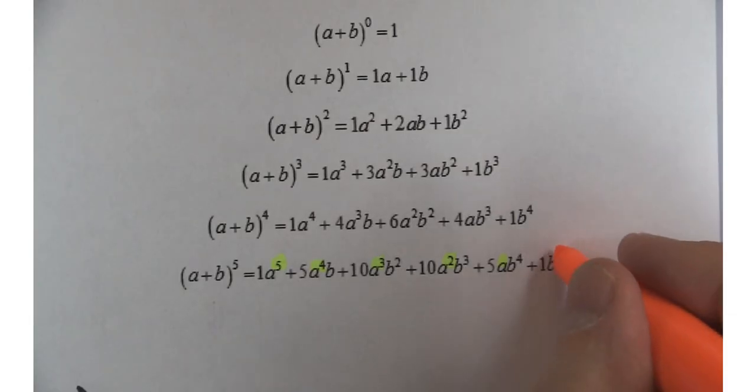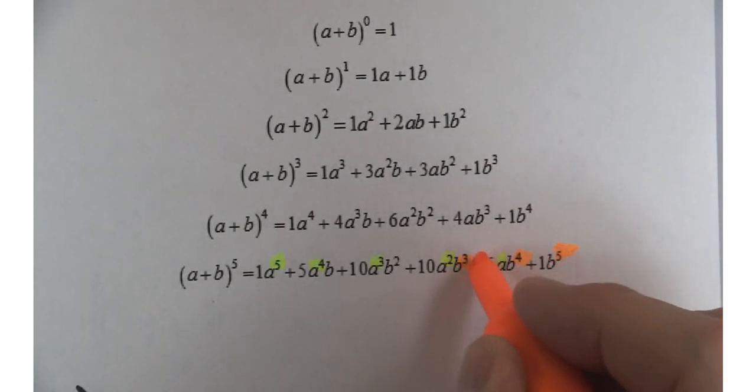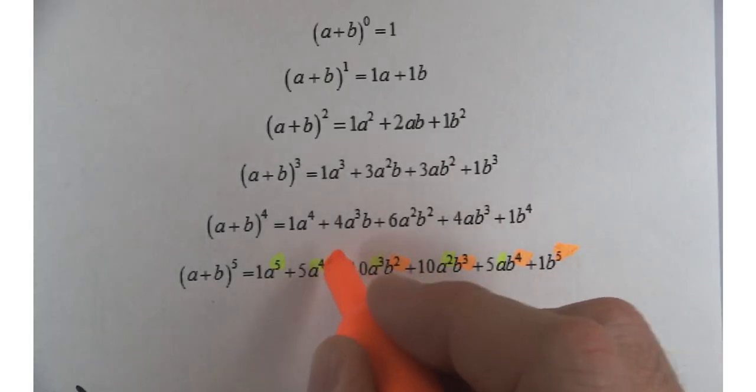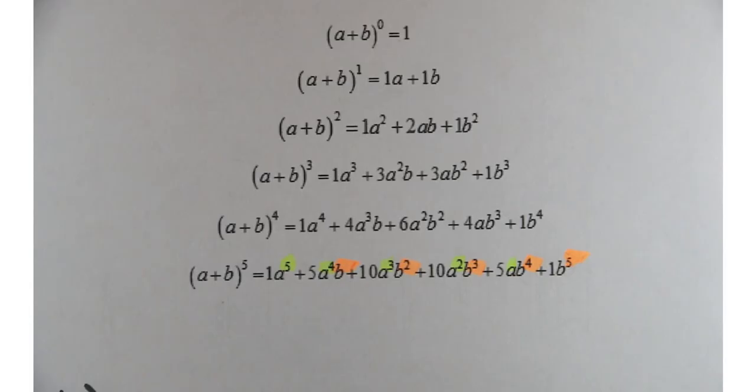If you work with the b's, then what happens with the b's? Well, b to the 5th, b to the 4th, b to the 3rd, b to the 2nd, b to the 1st, and then b to the 0 power. So those exponents start from this one and decrease down, or this one and go down the other way, or you can say they increase. Either way.